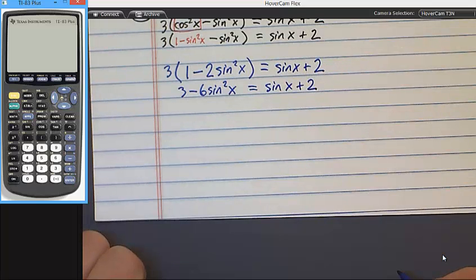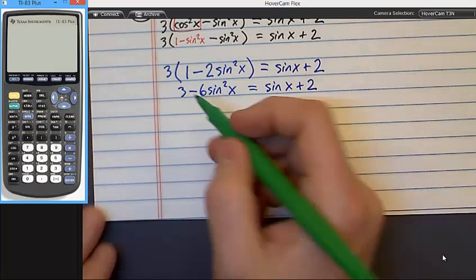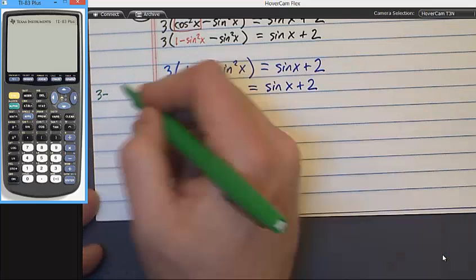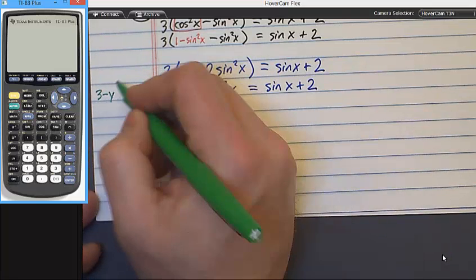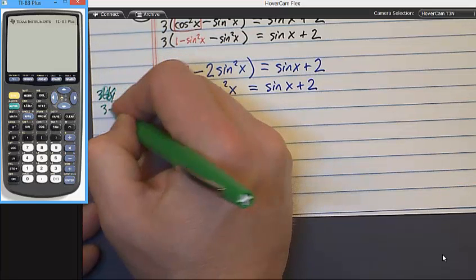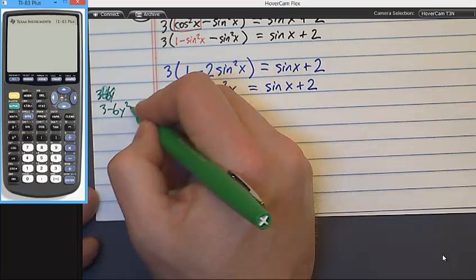And again, if you just think of sine of x as being the variable we're trying to isolate, what this equation is really like is your old algebra class where you had 3 minus 6y squared is equal to y plus 2.